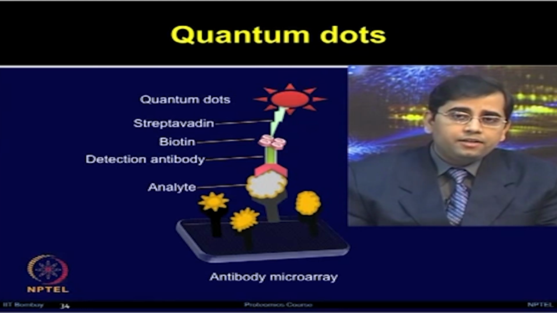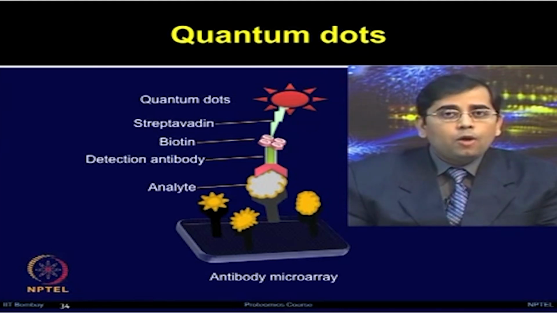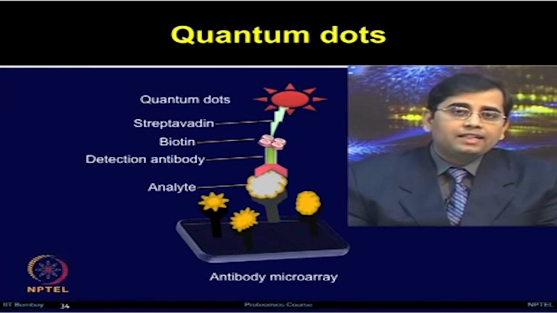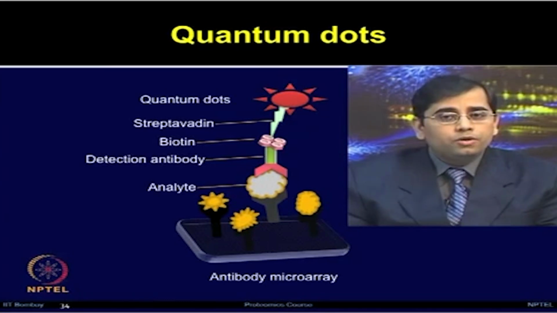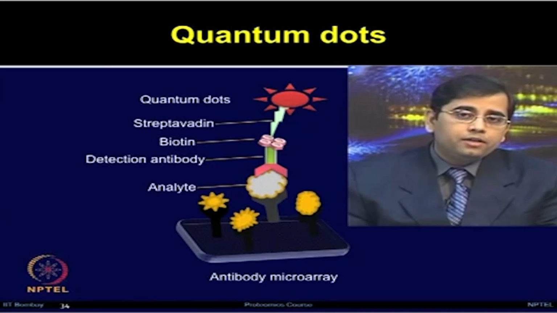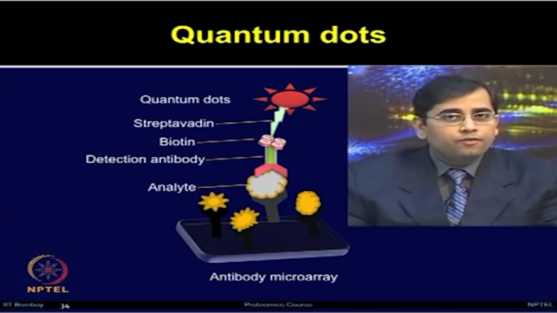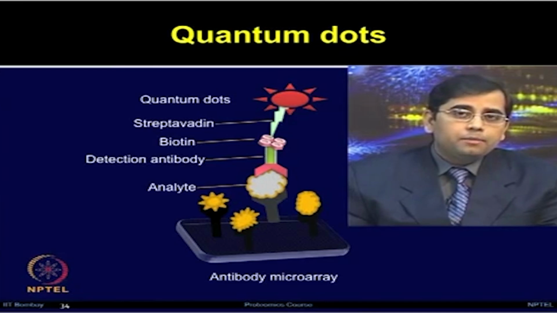As shown in this slide, the change in the optical properties because of the formation of excitons upon binding of quantum dot conjugated antibody to the target analyte can be used as a method for detection in the microarray based systems.